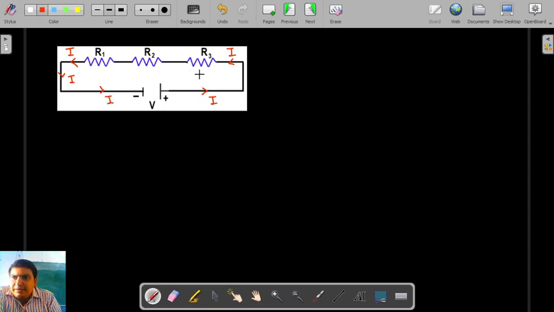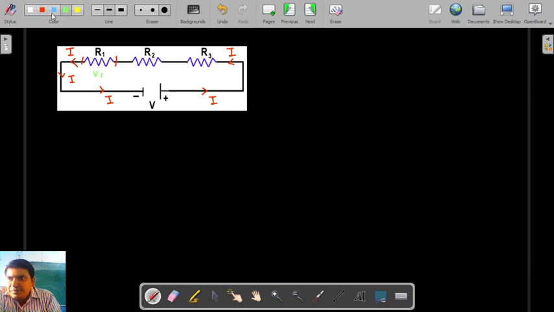So it is clear that resistances may be different, but the current flowing in the wire is the same. Now, if the resistances are different but the current is the same, then the potential difference across each resistance is different.